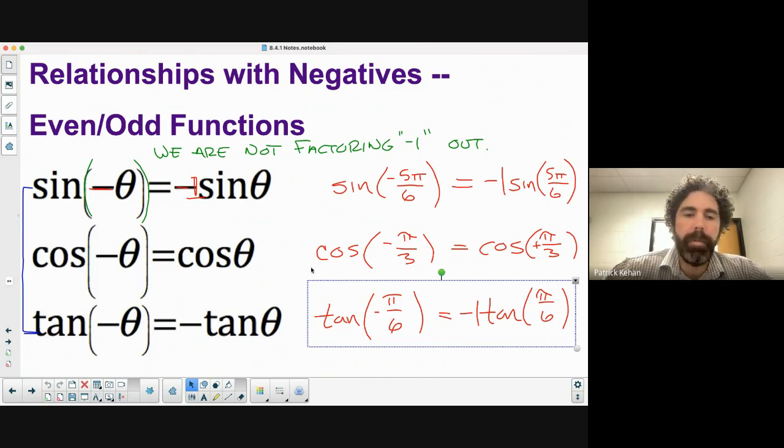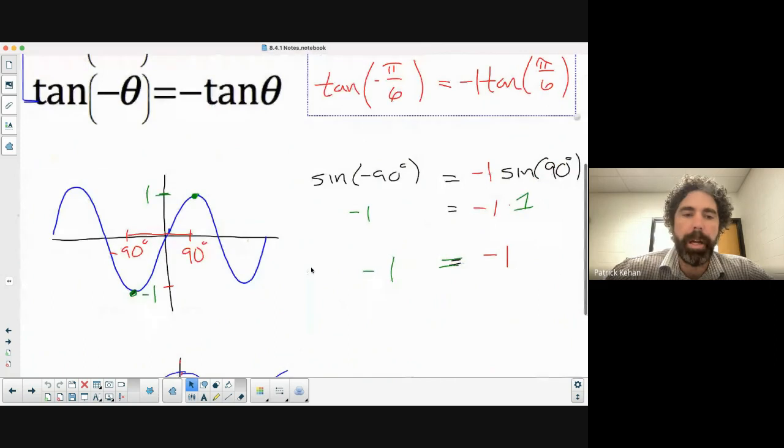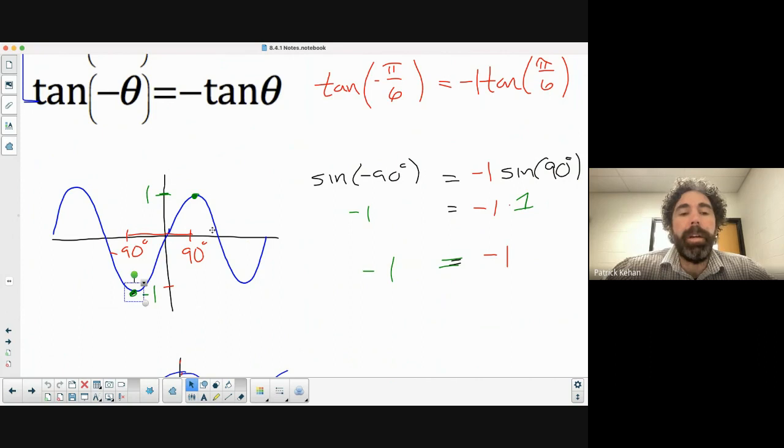So these are considered even and odd, and just a quick summary of why. This is a standard sine function. If I look at sine of -90 degrees, that is equivalent to -1. If I look at sine of positive 90 degrees, that is equivalent to +1. So in this particular case, sine of -90 equals -1.